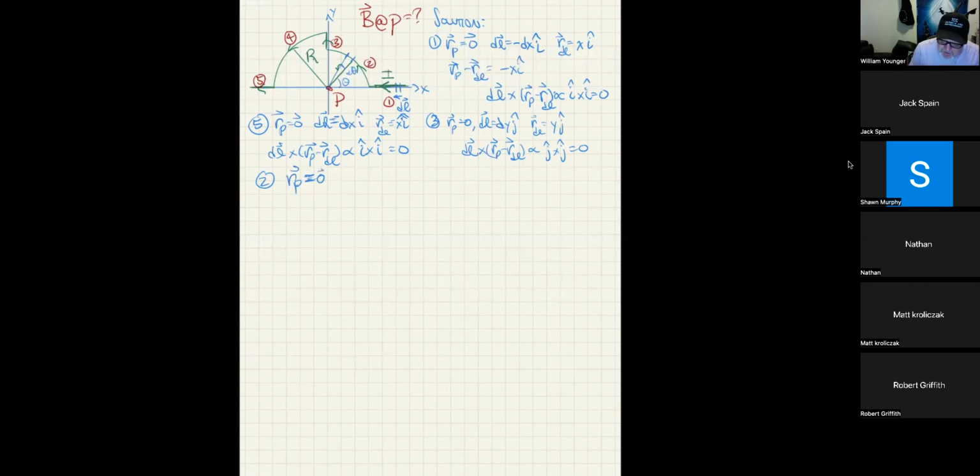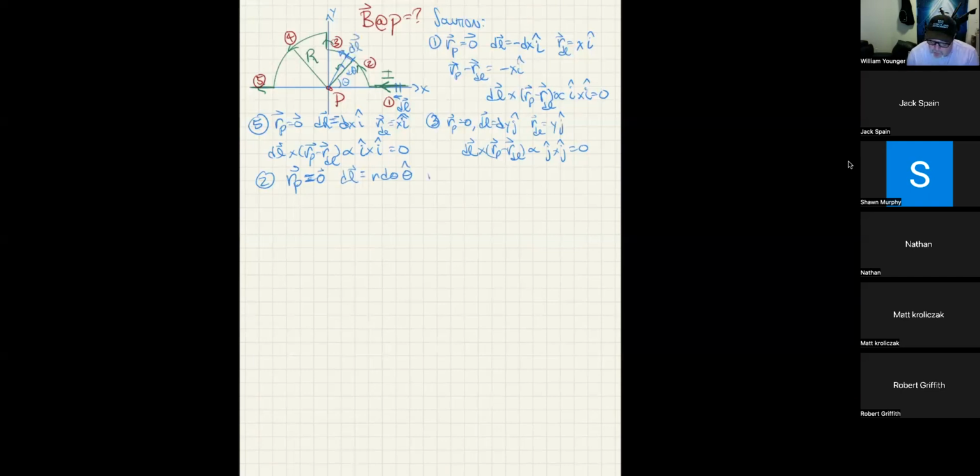Now DL is actually going to be R d theta long. And to make it point in the right direction, I got to put it in the theta hat direction, which is why I took the time to show you that theta hat stuff earlier. The DL would in fact point this way.